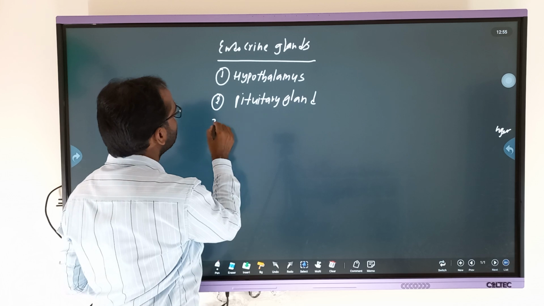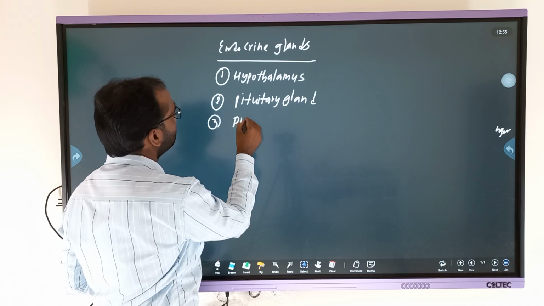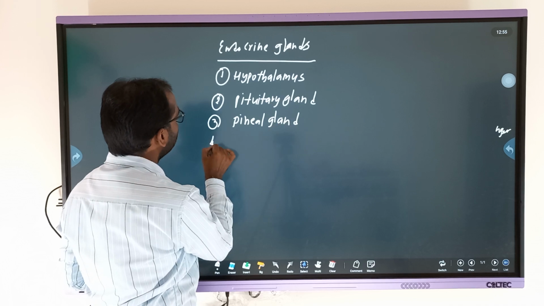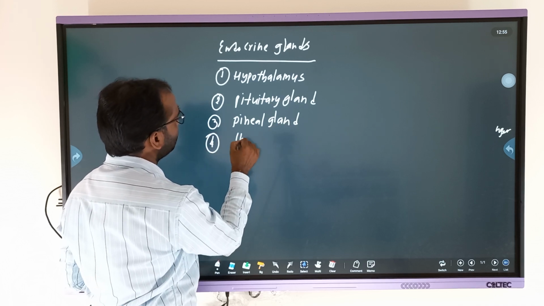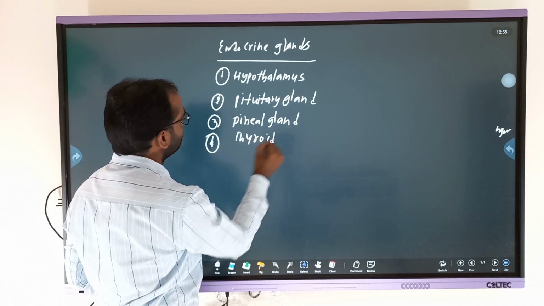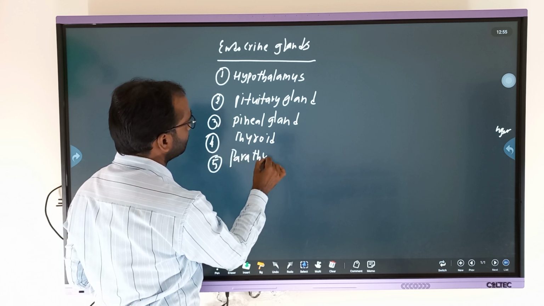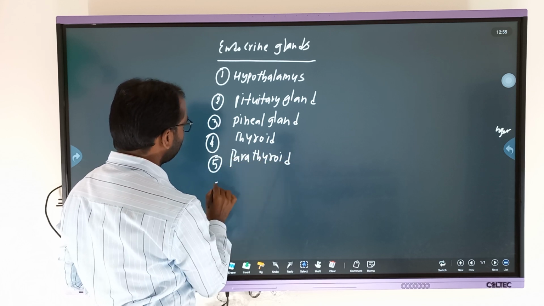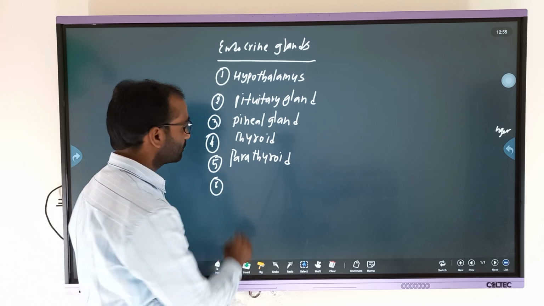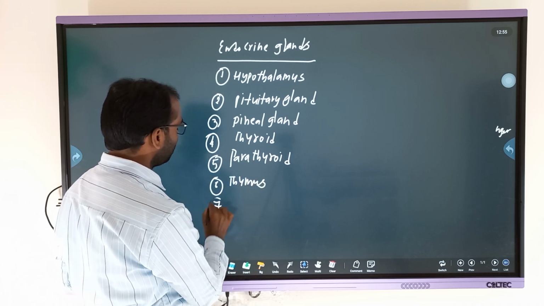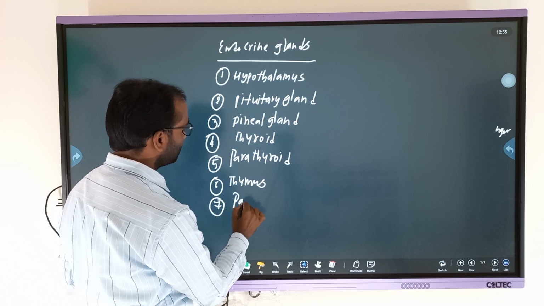Then third one is pineal gland. Next, fourth one is thyroid gland. Fifth one is parathyroid gland. And sixth one is thymus. Next one is pancreas.